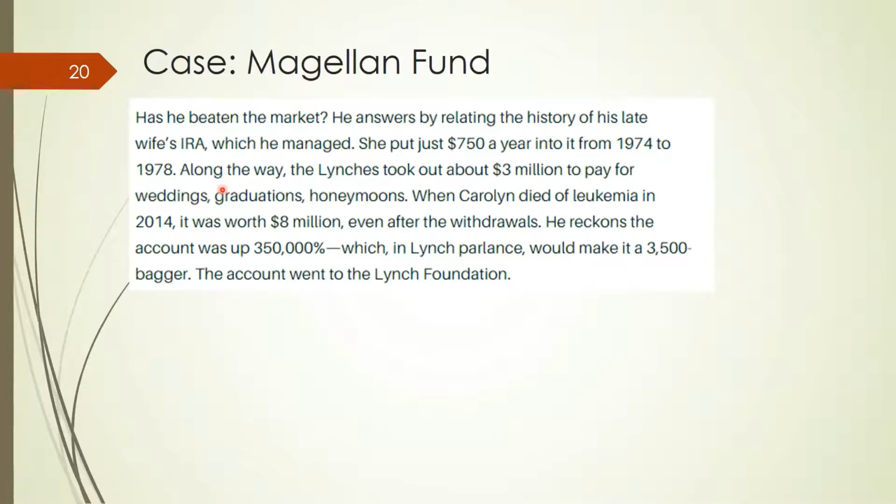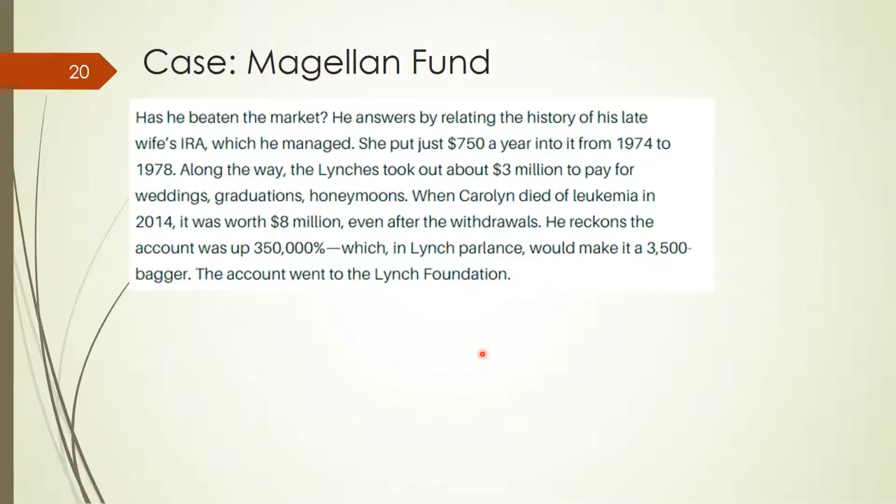That portfolio has given the Lynch family $3 million in withdrawals for weddings, graduations, and honeymoons, and when his wife died in 2014, the portfolio still had $8 million, even after the $3 million withdrawals.